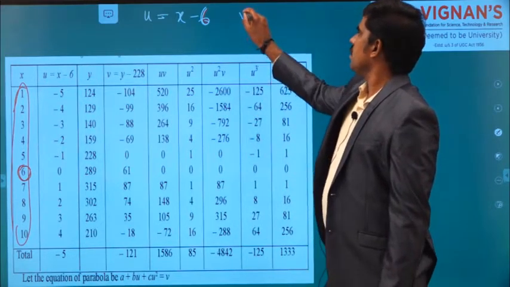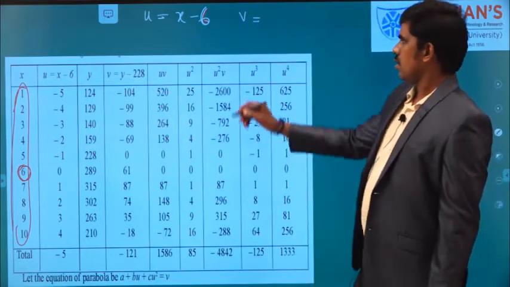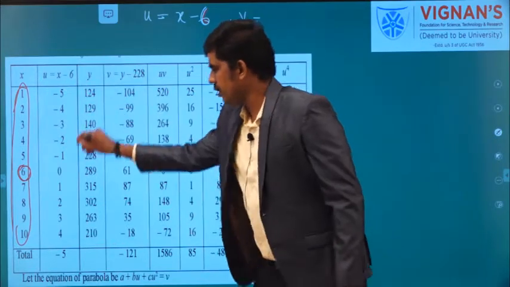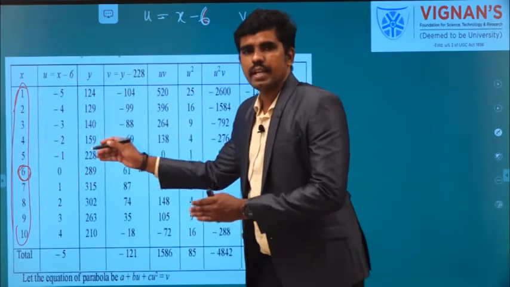And v, what am I going to fix? Look at the y value, find the average, then select the nearest value.